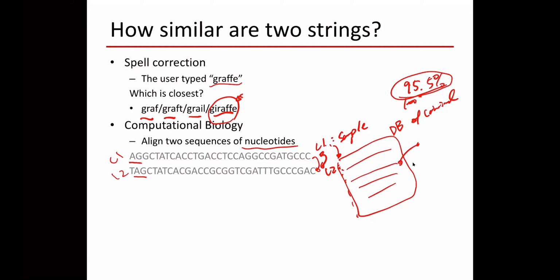And from L1, I see CTATCAC, and for L2 as well, CTATCAC. So keep going like this for the entire string, and we can try to match if they work out well. So how do you program it? That's a very good question.